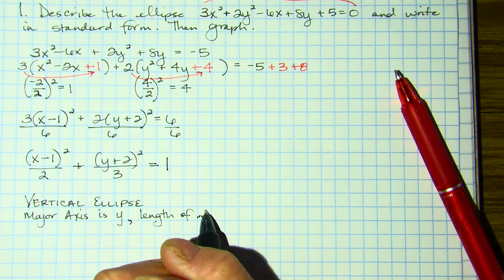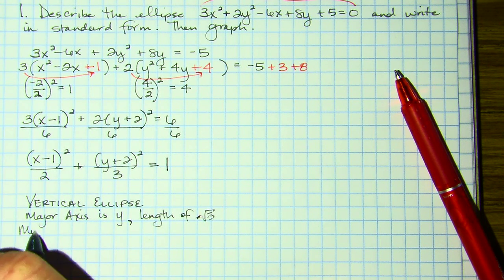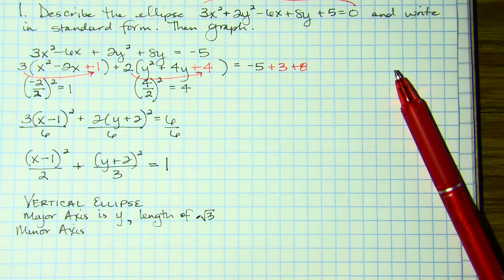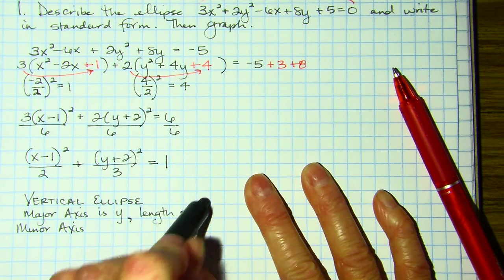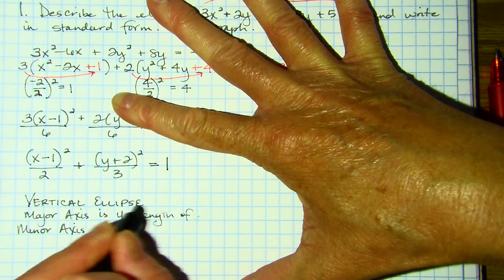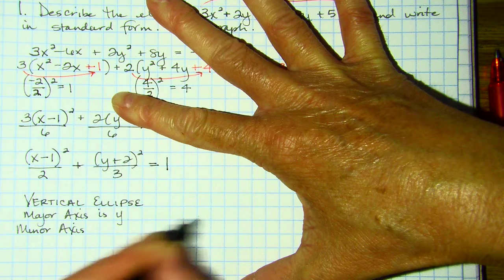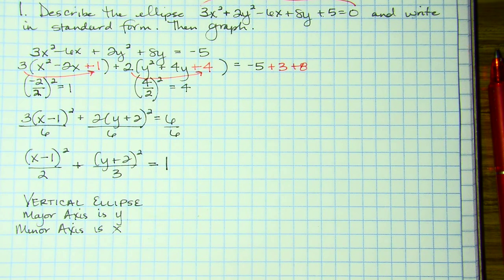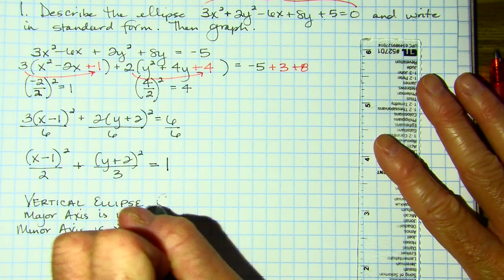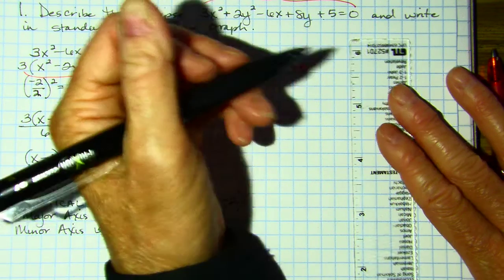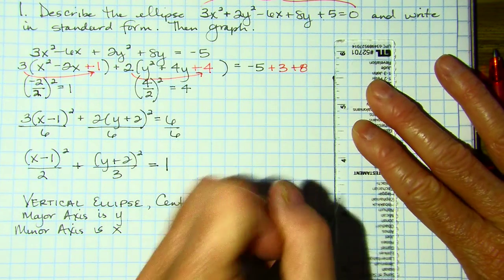My minor axis is x. So let's go ahead and I'm going to graph this. Also, I want to note that my center is 1, -2. So let's go ahead and graph this.